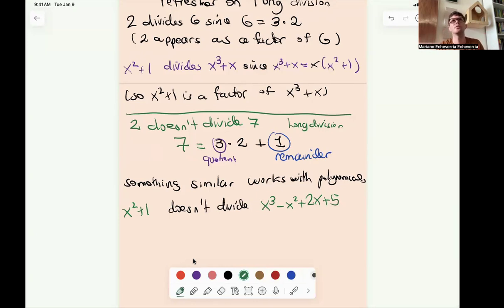That's something you can check explicitly.